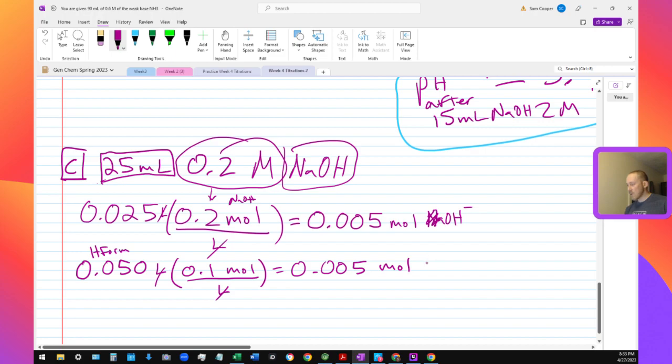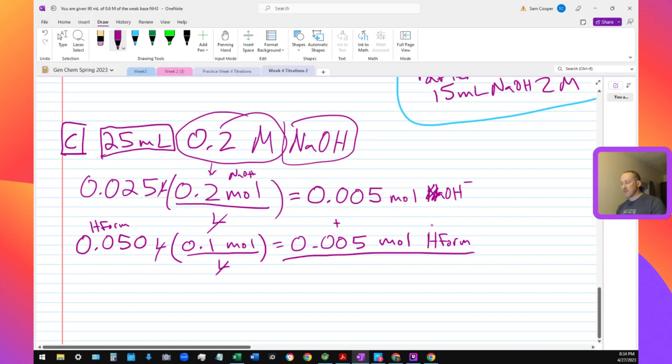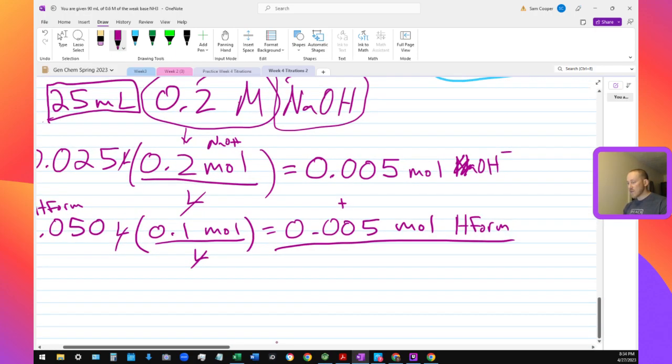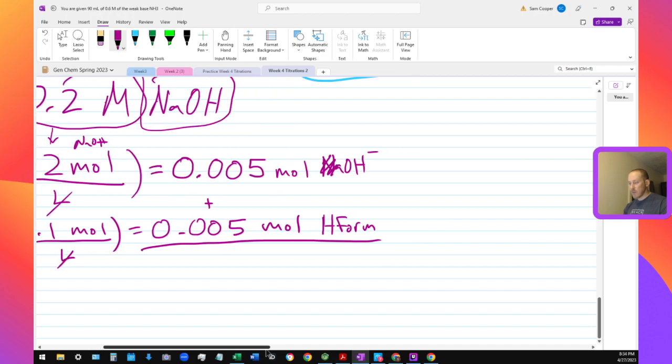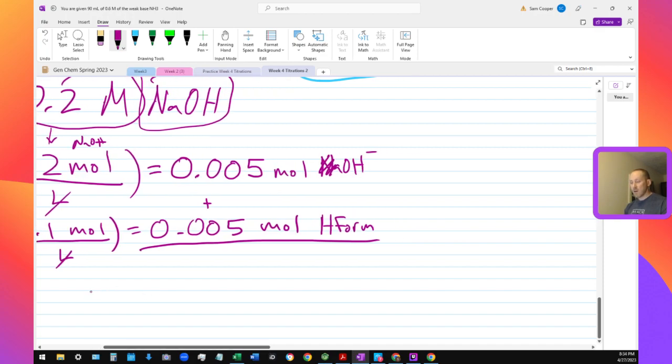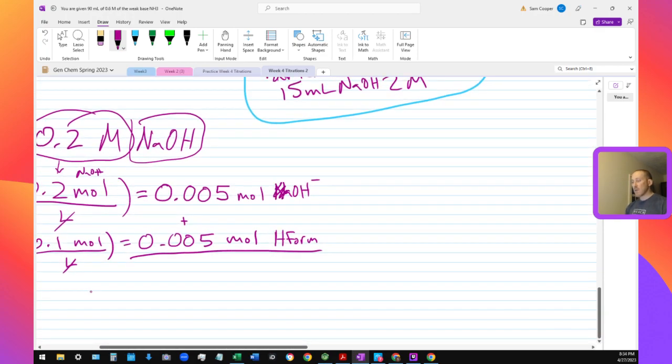It's just OH minus, and here's H form. It's the same number. They cancel out. It will be fully consumed. So when you add exactly 25 milliliters in this scenario, we're consuming exactly, not more, not less, exactly all of the formic acid. So we will have no OH minus and no formic acid at that point. So what will we have?